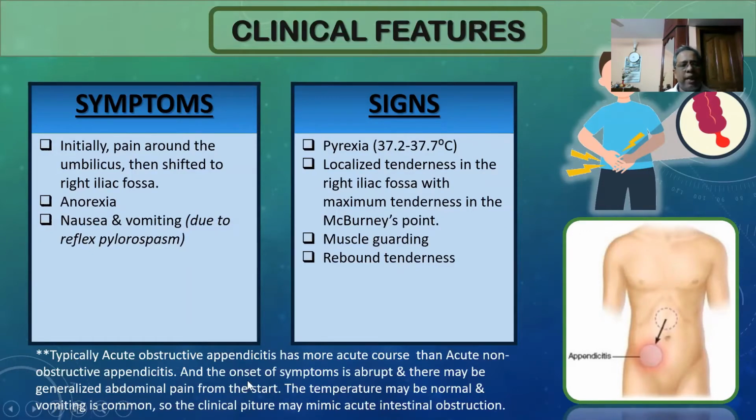There may be generalized abdominal pain at the start. The temperature may be normal and vomiting is common, so the clinical picture may mimic acute intestinal obstruction. For that reason, it takes time to diagnose acute appendicitis. Don't hurry.